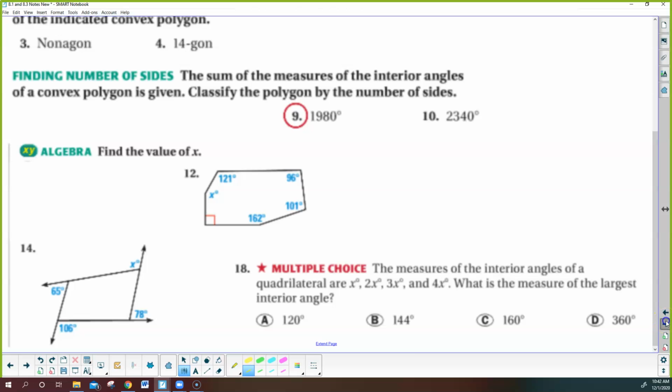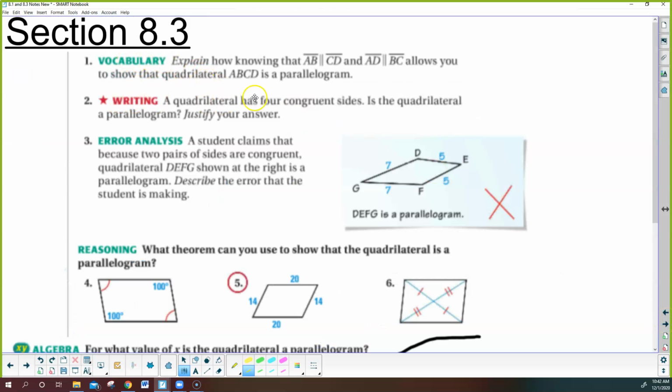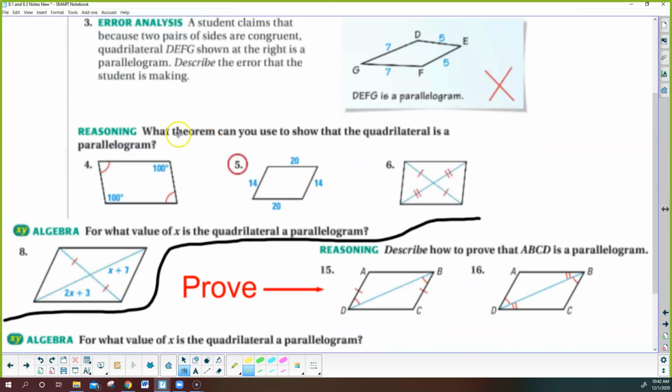But I want to show you 8.3 quick. And this is what 8.3 is. Let's look at these problems here. It says, what theorem? Now, I don't care about the theorem number. If you look in your book, they have 8.1, 8.2. I want you to describe what is true here that shows that this is a parallelogram. Which property is present in this picture? And then you would confirm that, because this is true, it's a parallelogram.